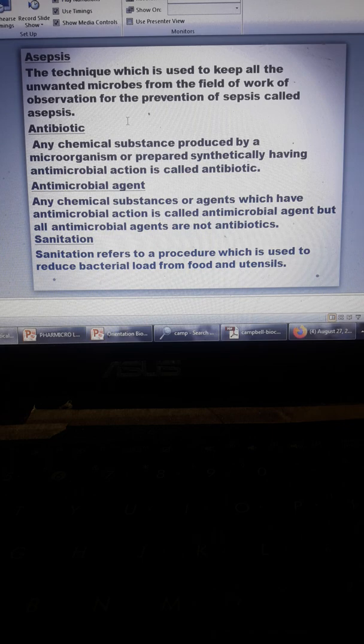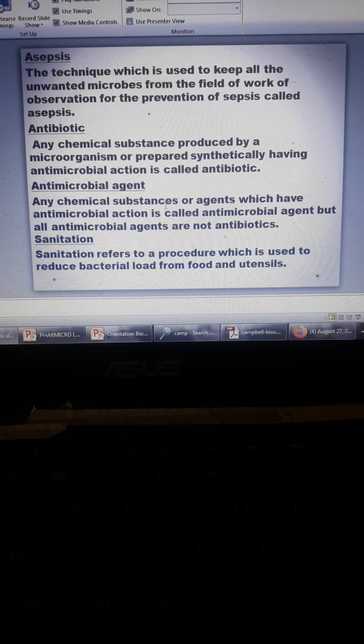Before we prepare the culture, we will have a face to face session later on, hopefully by January, so we can perform the common preparations of the culture medium using agar, the agar plate.